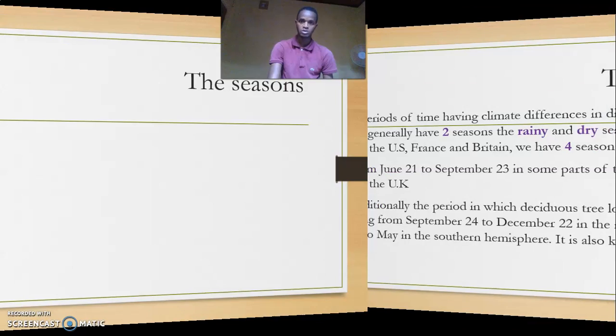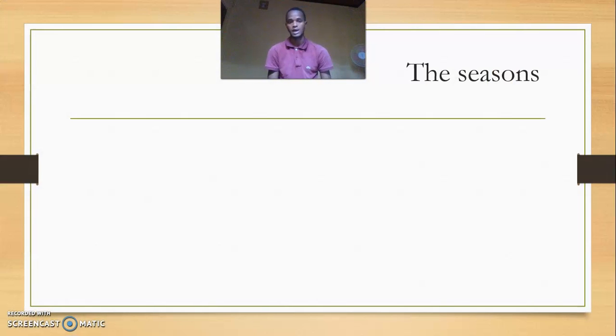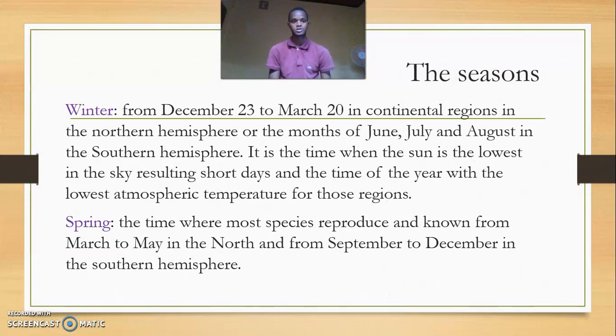So let's have a look at the second part of the season list. Winter, from December 23 to March 20 in continental regions in the Northern Hemisphere, or the months of June, July and August in the Southern Hemisphere. It is a time when the sun is the lowest in the skies, causing short days.